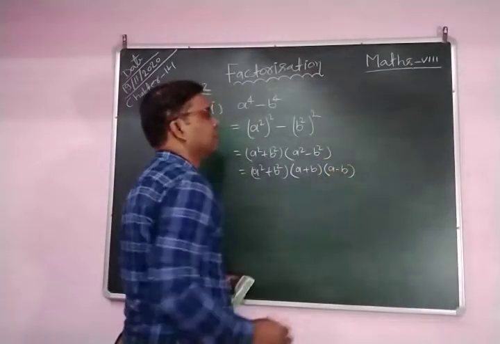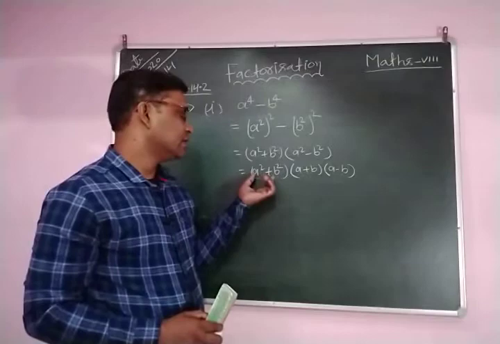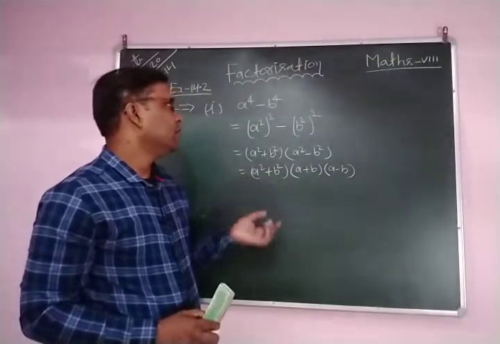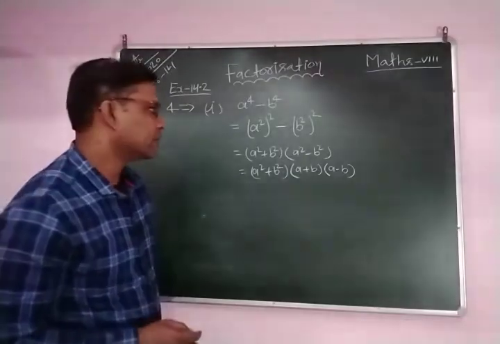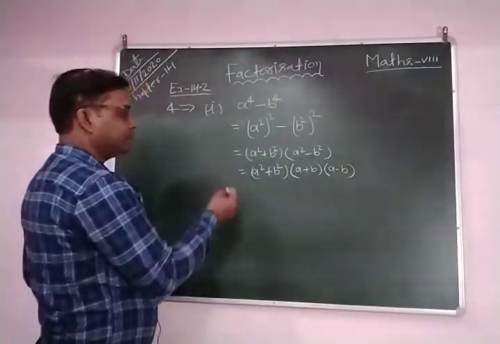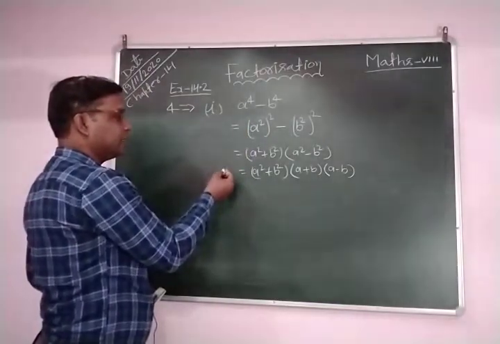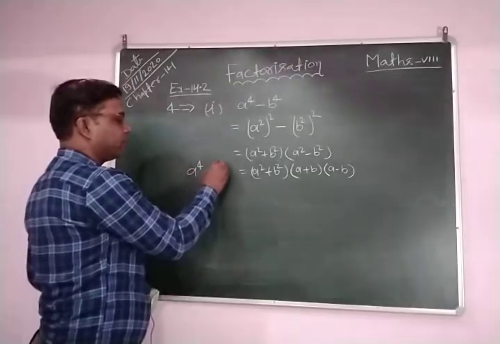So here we write the sum of the numbers, a plus b, into the difference of the numbers, a minus b. So here you can see we find the factors of a to the power 4 minus b to the power 4.